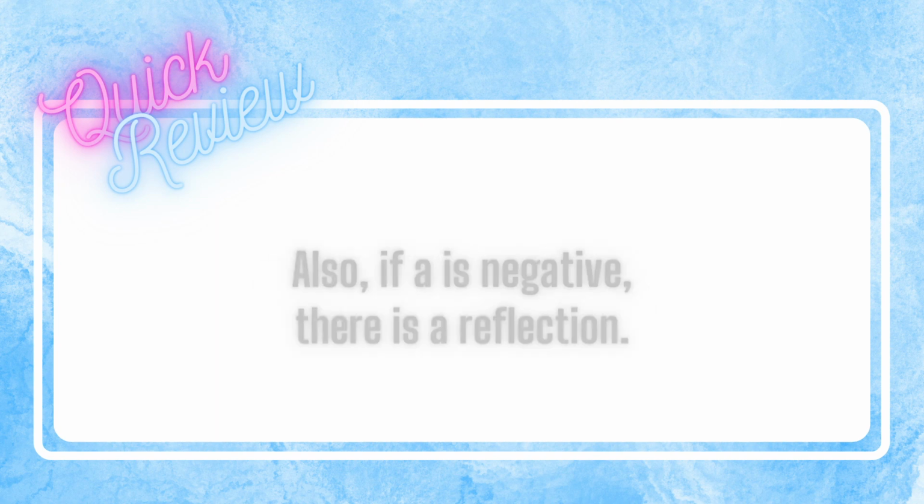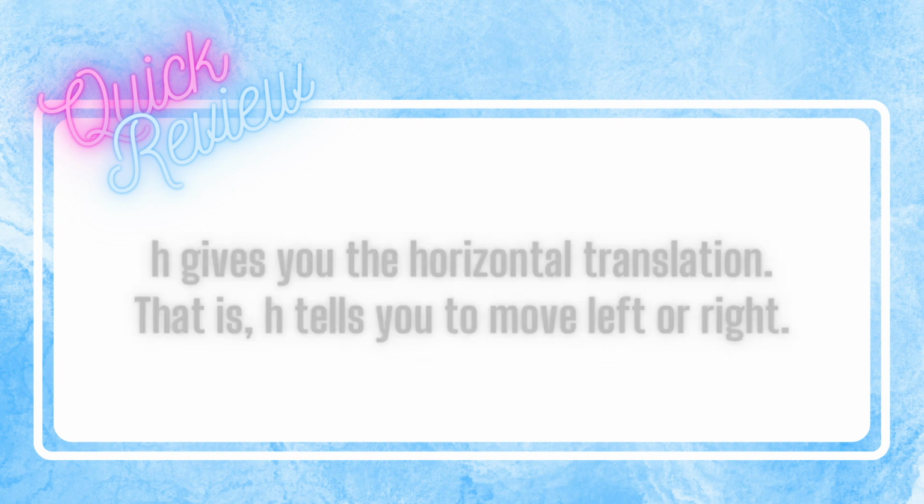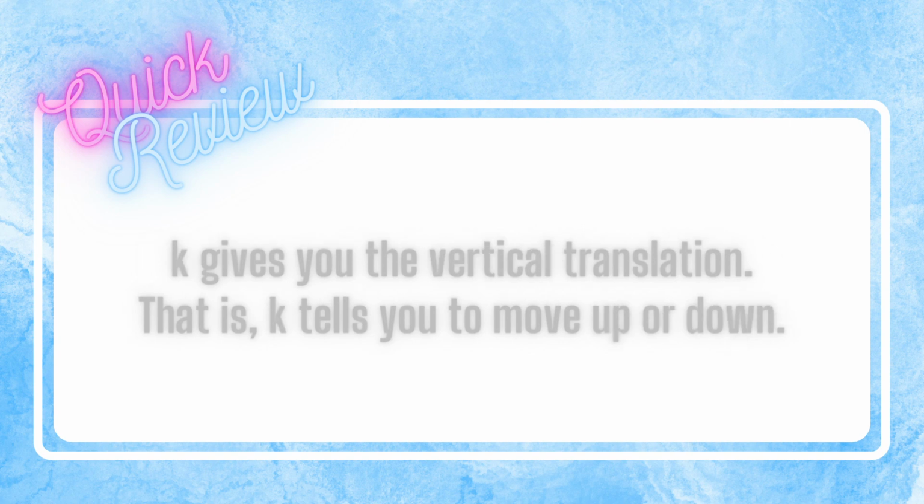Also, if a is negative, there is a reflection. h gives you the horizontal translation. That is, h tells you to move left or right. And k gives you the vertical translation. That is, k tells you to move up or down.